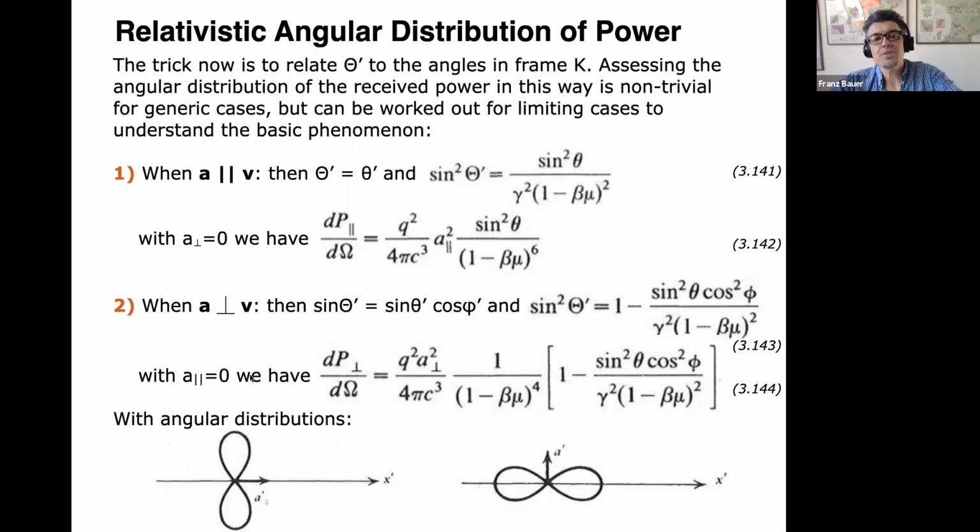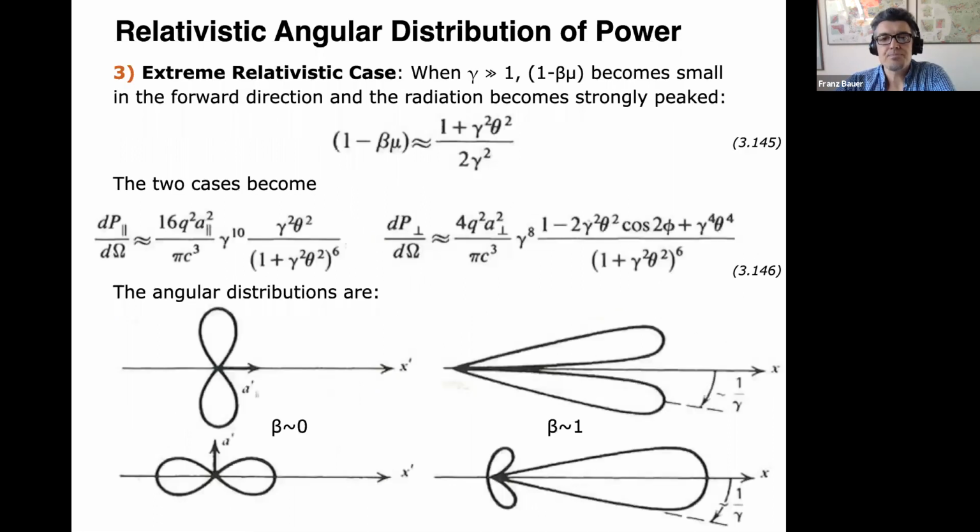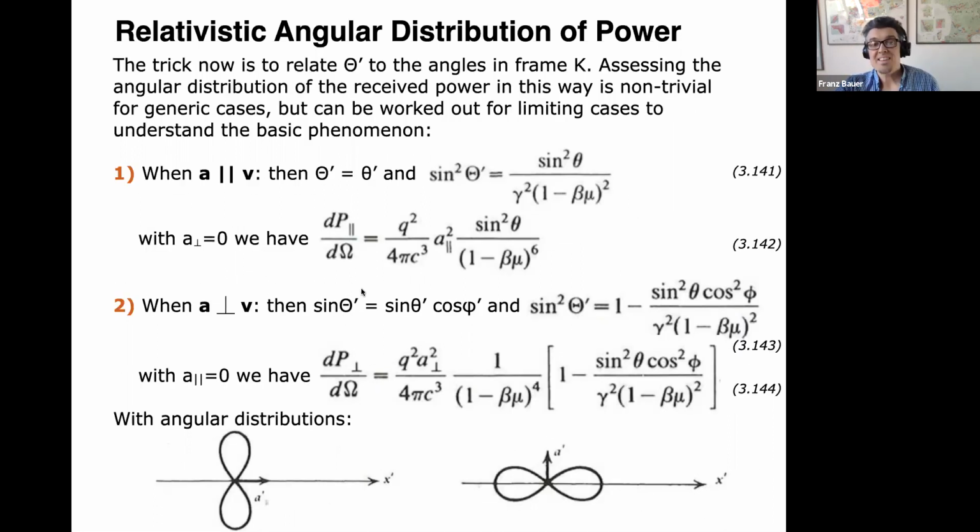We could have another limiting case, which is that the acceleration was perpendicular to the velocity. So we have something which is maybe going in a circle, or orbiting, and then we have the frames moving apart. And so in that sense, at this particular component, we have this acceleration, and so the dipole is going in this direction. And whoops, here then, this sine theta prime would split out into sine theta prime and cosine phi prime.